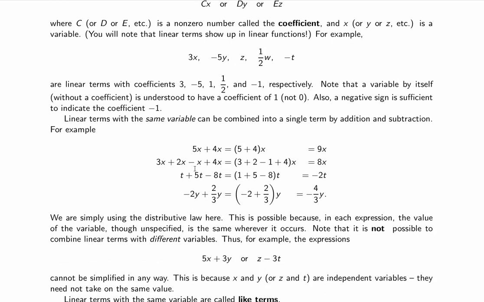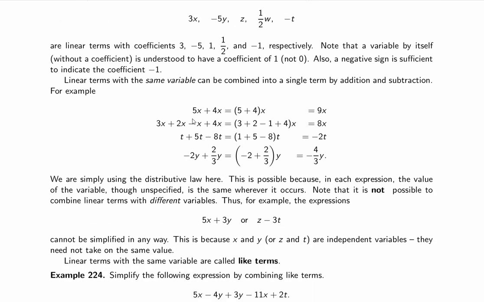More examples in the book. 5x plus 4x equals 9x. Sure. Here we have a bunch of linear terms with x. 3x plus 2x minus x, that's like plus negative 1x, plus 4x.